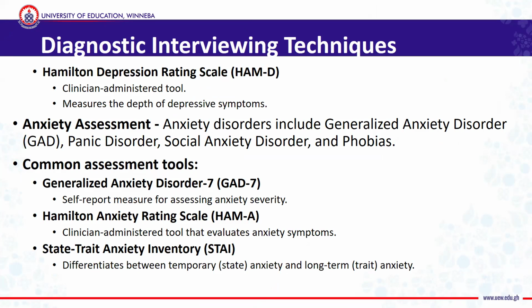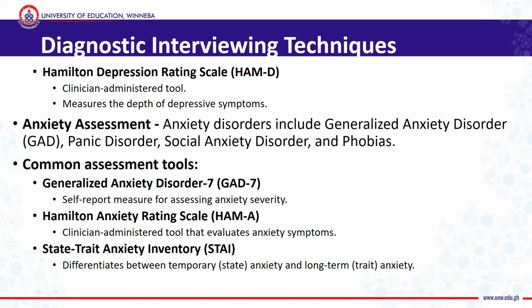We also have the anxiety assessment. It includes generalized anxiety disorder, panic disorder, social anxiety disorder, and then phobias. So the common assessment tools are the GAD-7, which is a self-report inventory, only 7 items. The Hamilton Anxiety Rating Scale, HAM-A, is clinician administered to evaluate the symptoms of anxiety.